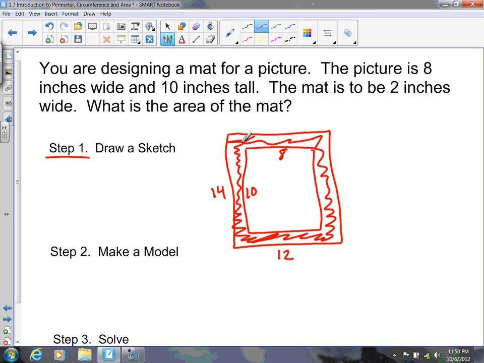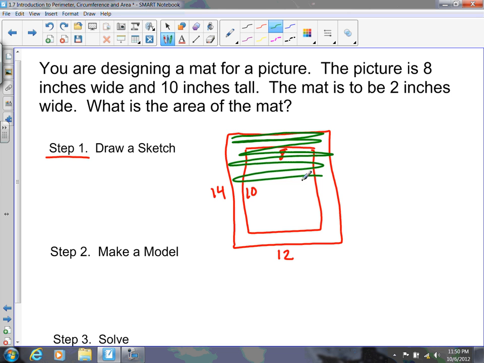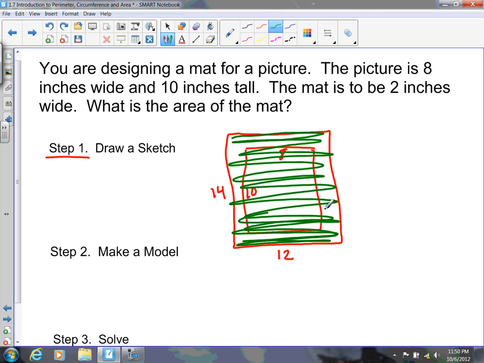Okay, so to do that, see if I can undo all that. I'm going to pull out 2 colors here. I'm going to find the area of all of this. If I find the area of everything in here, you'll see what I'm doing right now. It looks a little crazy.